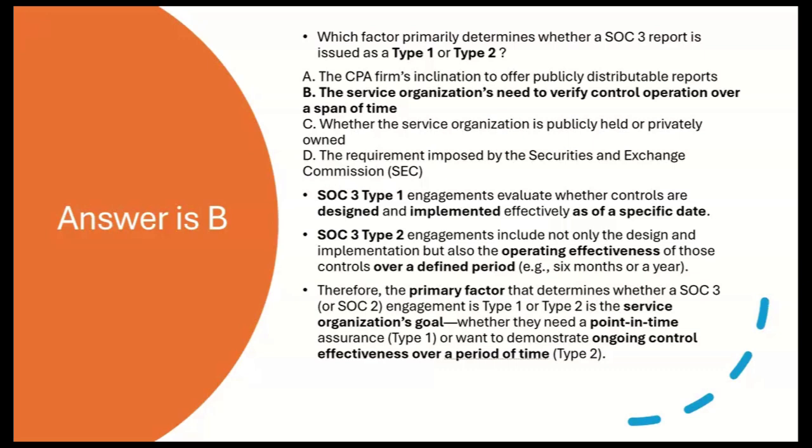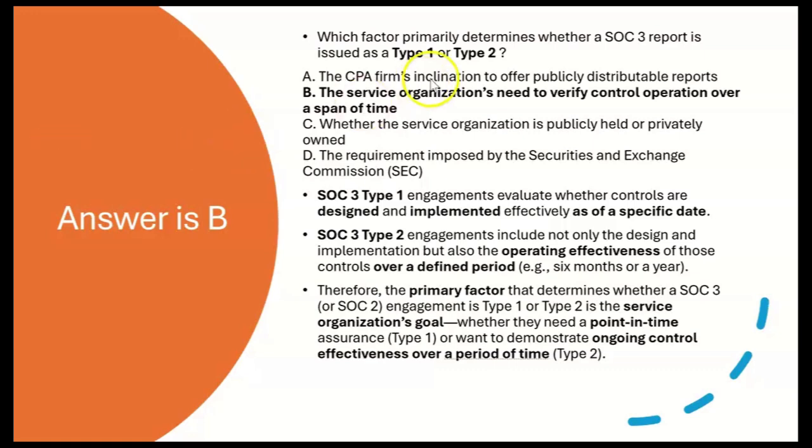Therefore, the primary factor that determines whether a SOC 3 or even SOC 2 engagement is a Type 1 or Type 2 is the service organization's goal, whether they need a point-in-time, Type 1 report, or they want to demonstrate ongoing control effectiveness over a period of time, a Type 2.